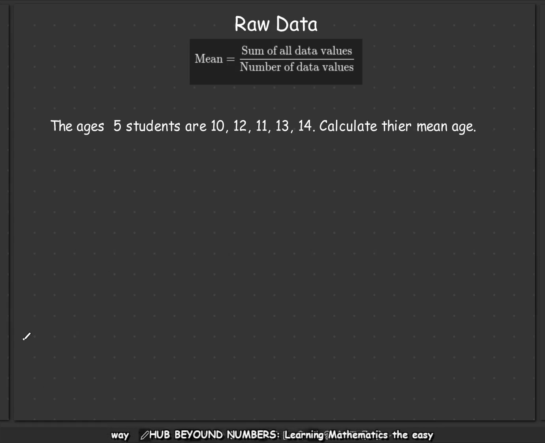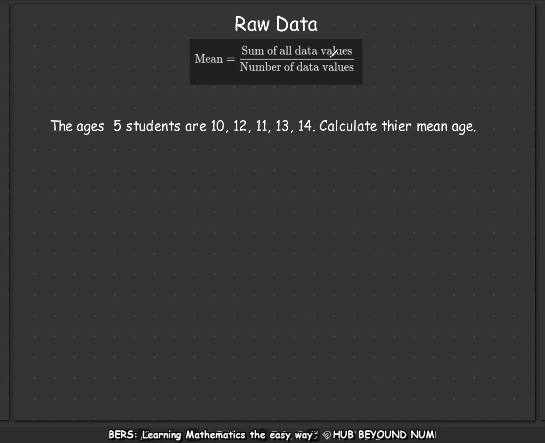It is important we know the formula we need to apply for every type of data we are given. Generally, it is all the same, but depending on how the data looks, we write it in a certain way. So over here, the mean is equal to the sum of the data values.